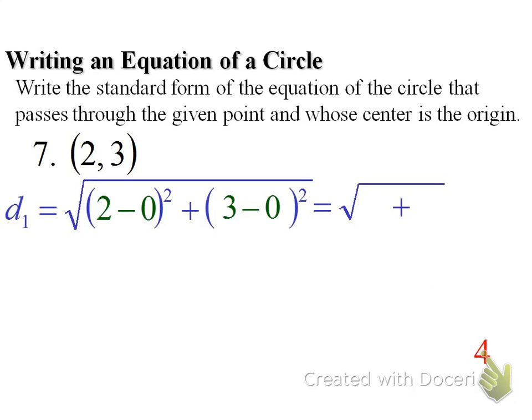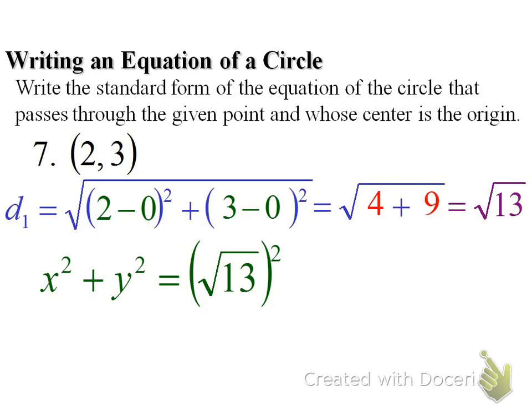So it's going to give me 4 and 9. So I'll have the square root of 13. So you're going to plug in the square root of 13 for the r in our equation for a circle. Simplify the right side, square root and the squared go away. You just have 13. So x squared plus y squared equals 13.